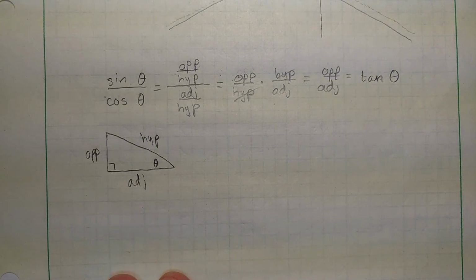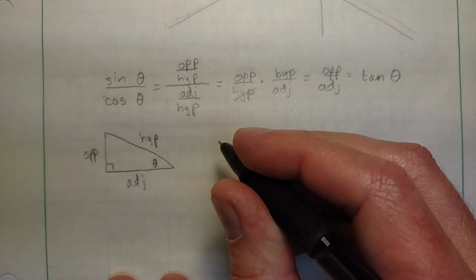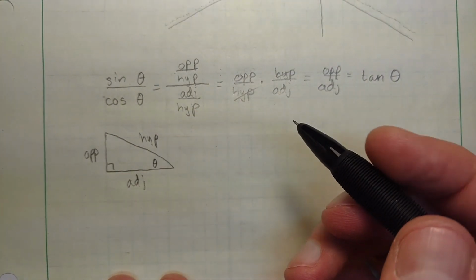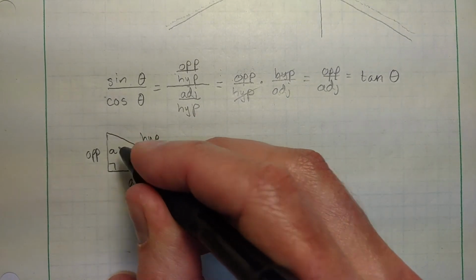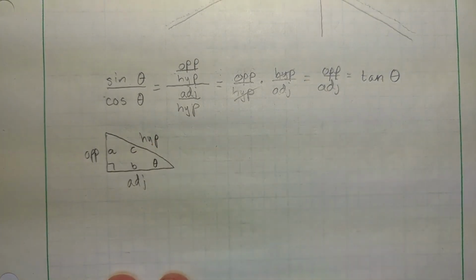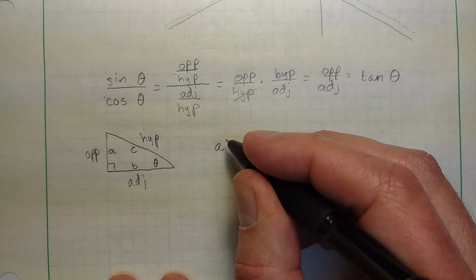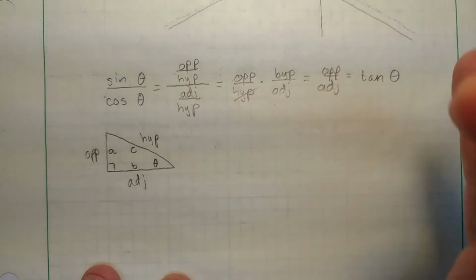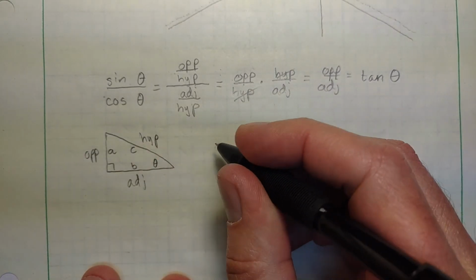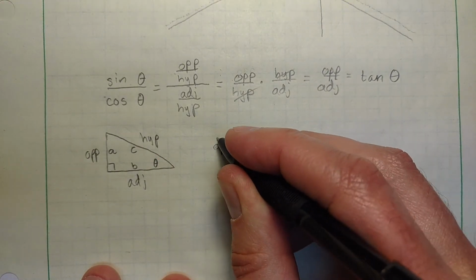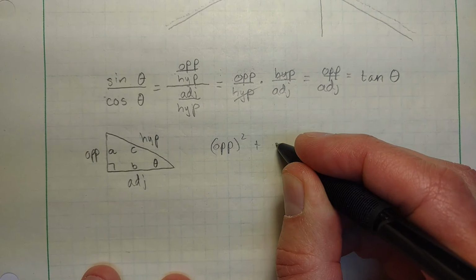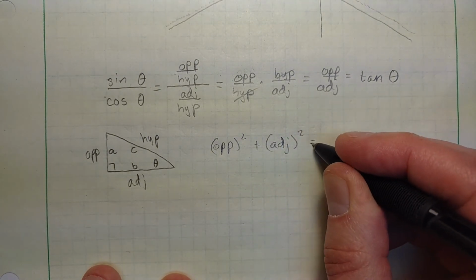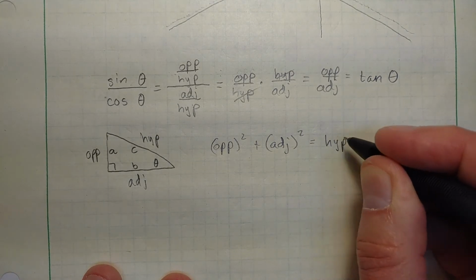I'm going to have to call them opposite, adjacent and hypotenuse, otherwise it won't make sense to talk about the trig ratios. So I know that the opposite side squared plus the adjacent side squared has to equal the hypotenuse squared.